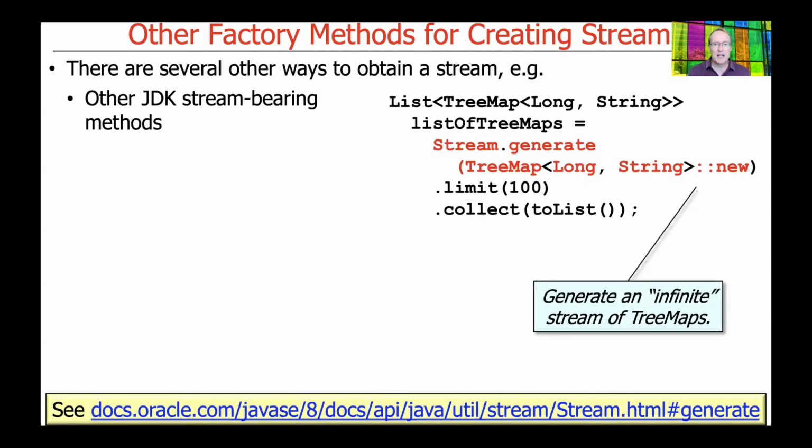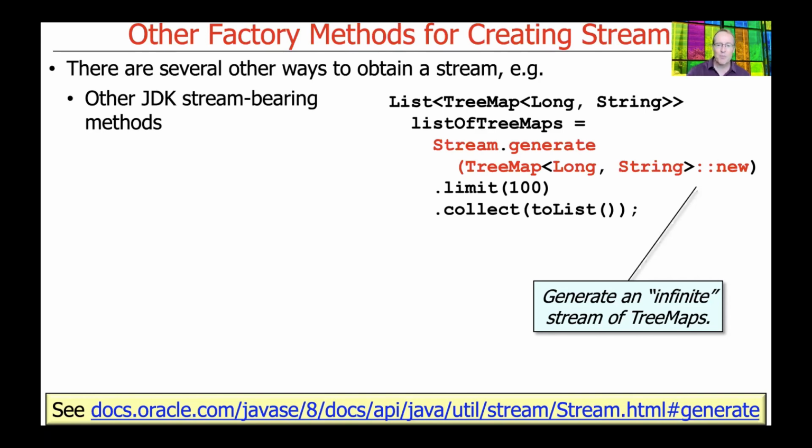And I think this might be the last example of other factory methods to create streams. There's also one called generate. And generate is kind of interesting. What you can do is you can use it to generate an infinite stream of objects. In this particular case, I pass in a constructor reference. So I'm going to get an infinite stream of tree maps that map long to string. You could do other things. You could put a lambda expression in there if you wanted to do some arbitrary computation.